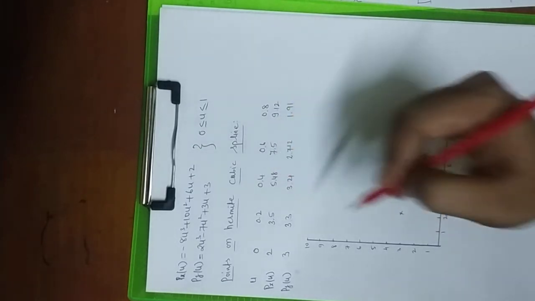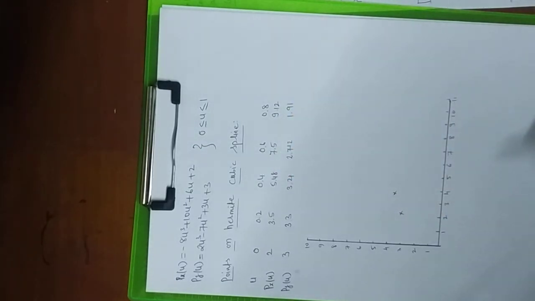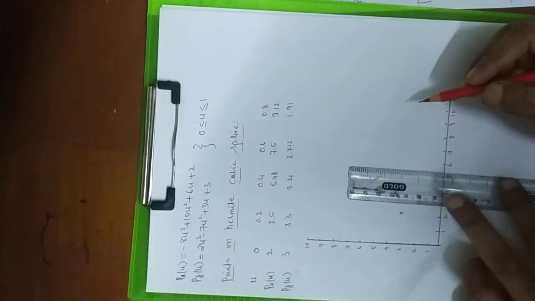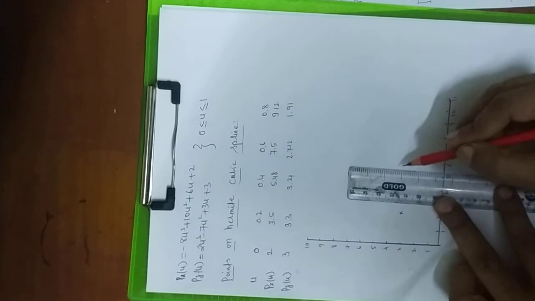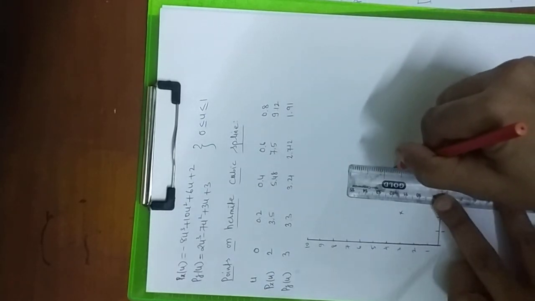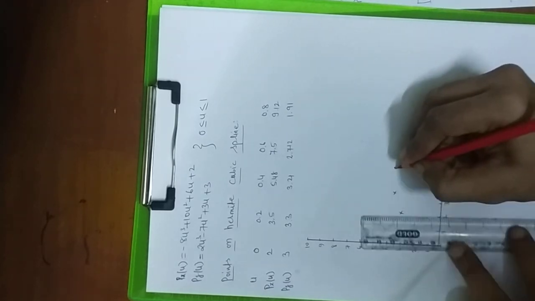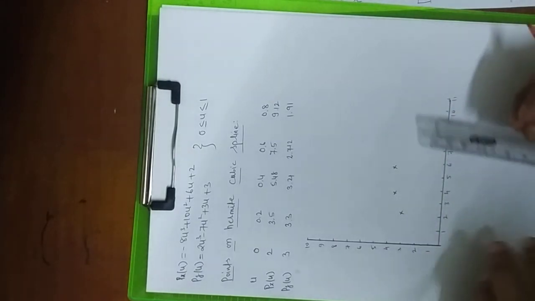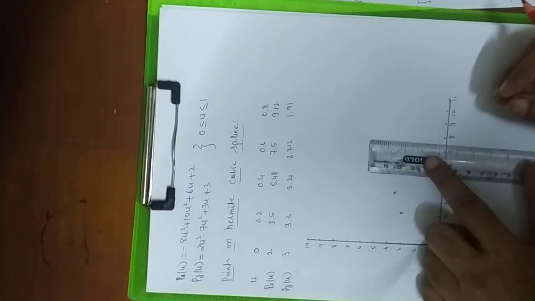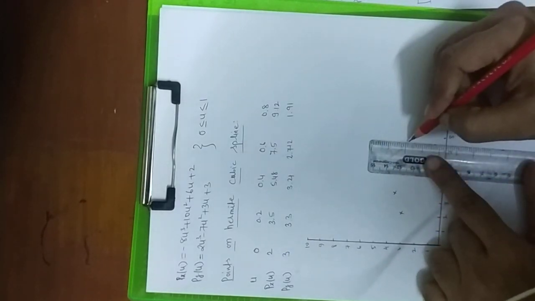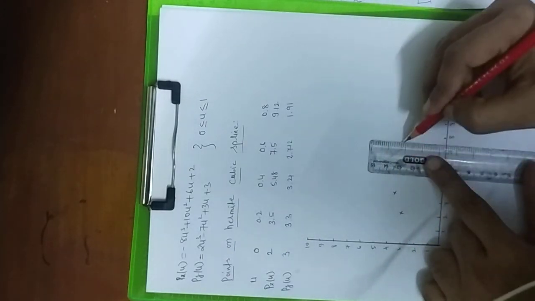The next point, for 0.4, is 5.5 and 3.2, so 3.2 will be here and 5.5 will be here. Okay, next 7.5 and 2.7, it just goes down.